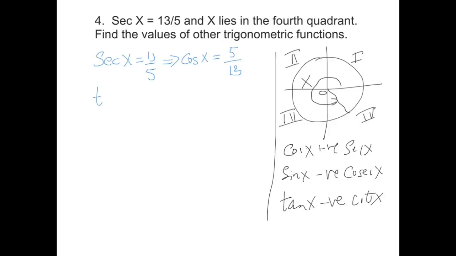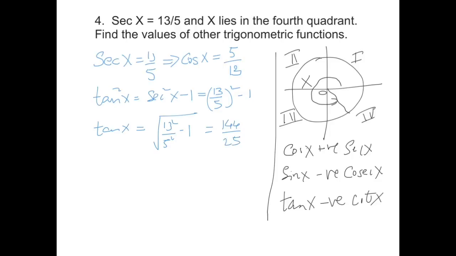So let us use the expression tan squared x plus 1 equals sec squared x. So we get tan squared x equals sec squared x minus 1, which is 13 by 5 whole squared minus 1, and therefore tan x is the square root of that, which is square root of 13 squared by 5 squared whole minus 1, which comes to 144 by 25 square root, which is equal to plus minus 12 by 5.